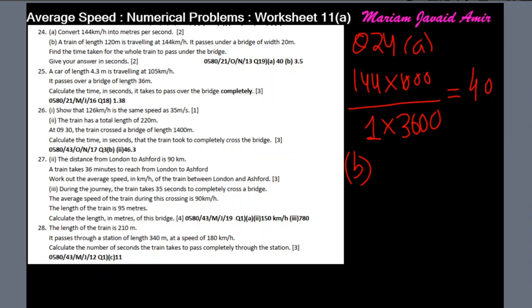Okay, so for the train to completely pass under the bridge, if this is the bridge and its length is 20 meters, if the train is passing from here, for it to completely pass the bridge it will be over here. Once it completely passes the bridge, it's moving in this direction, so the length of the train is 120 meters.